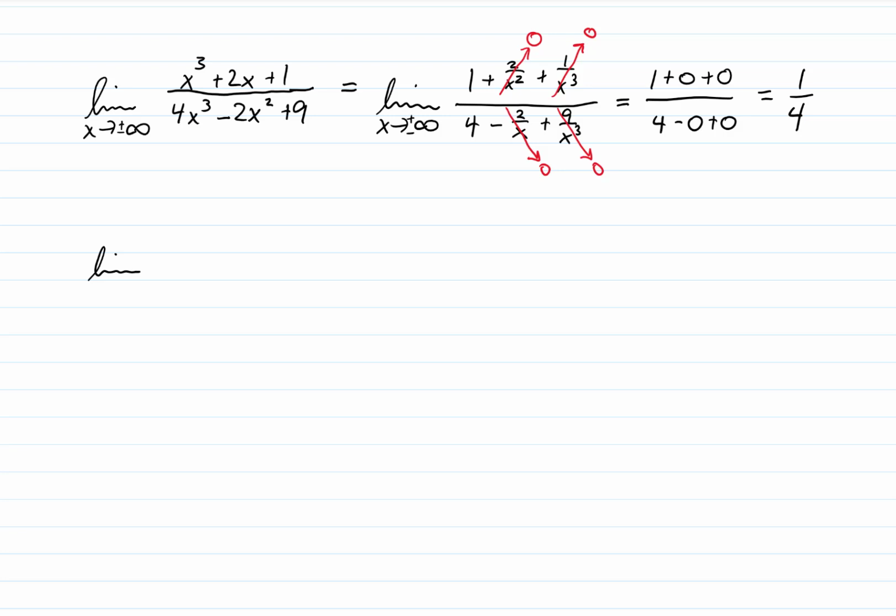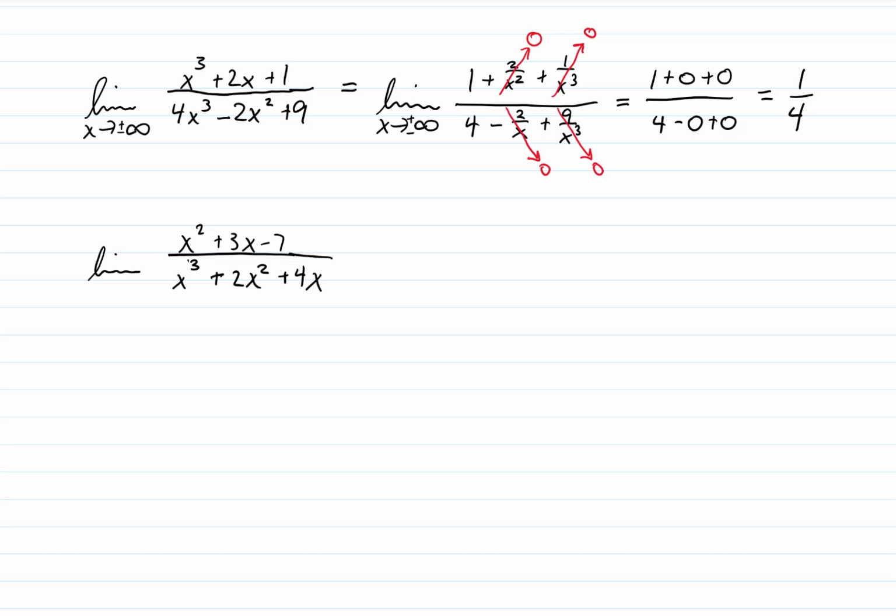Okay, so now let's do one like this. x squared plus 3x minus 7 over x cubed plus 2x squared plus 4x.